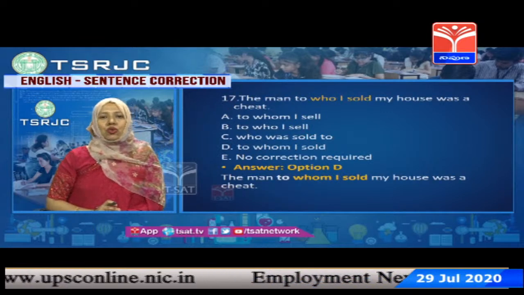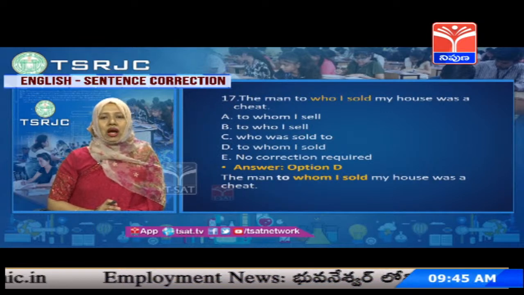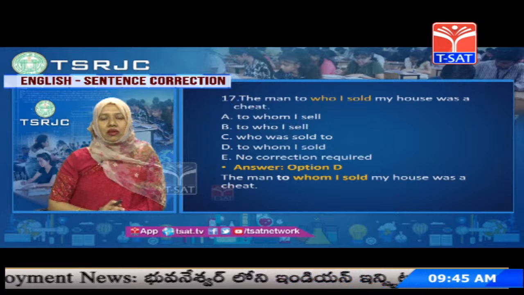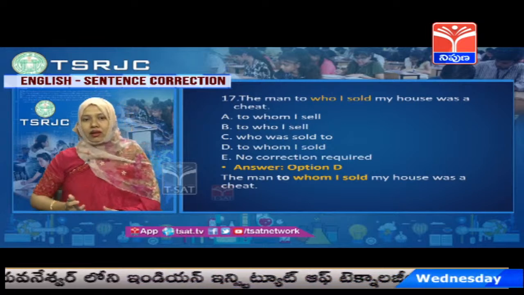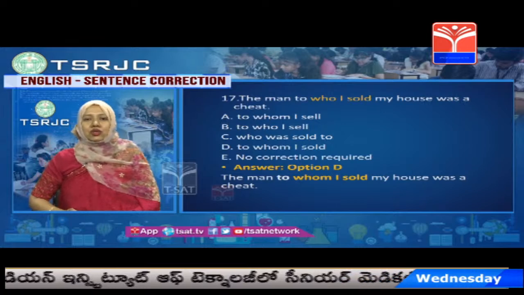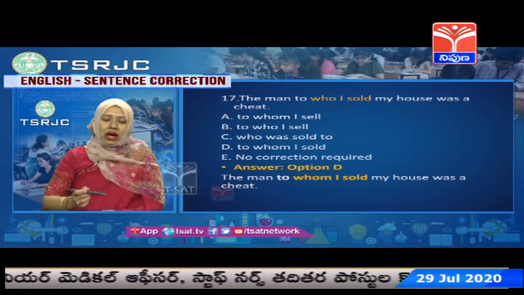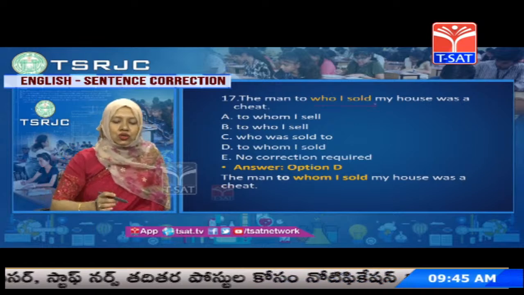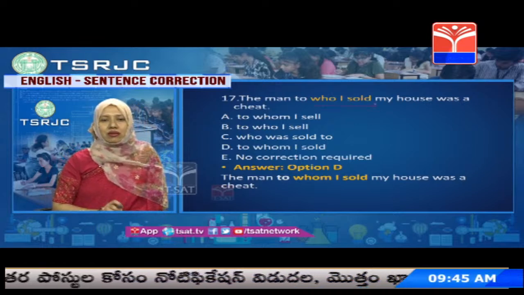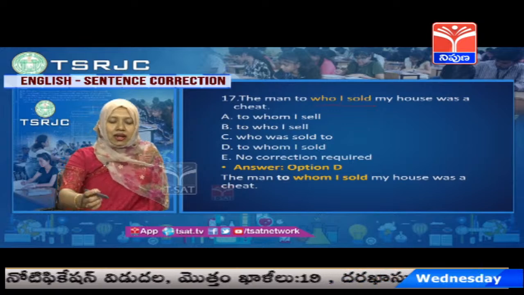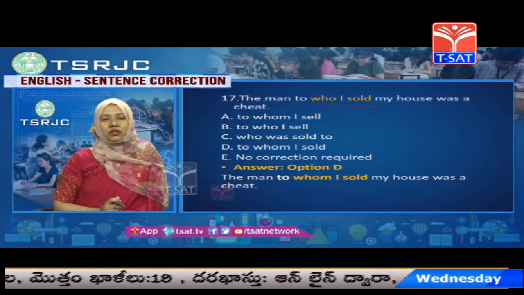The man to whom I sold my house was a cheat. If you look at the next example, the man to whom I sold my house was a cheat. Now the highlighted words "who I sold," there is a mistake here. Let us look at the options. What options are given?